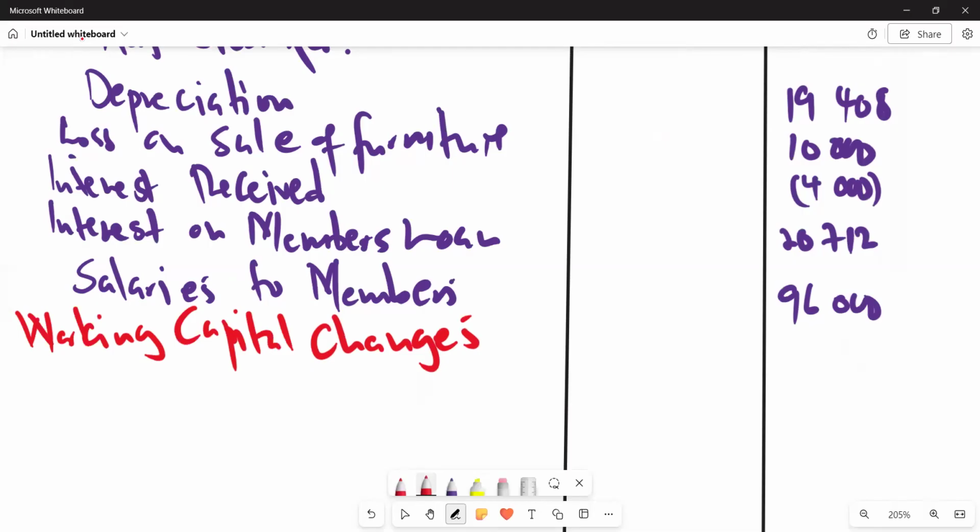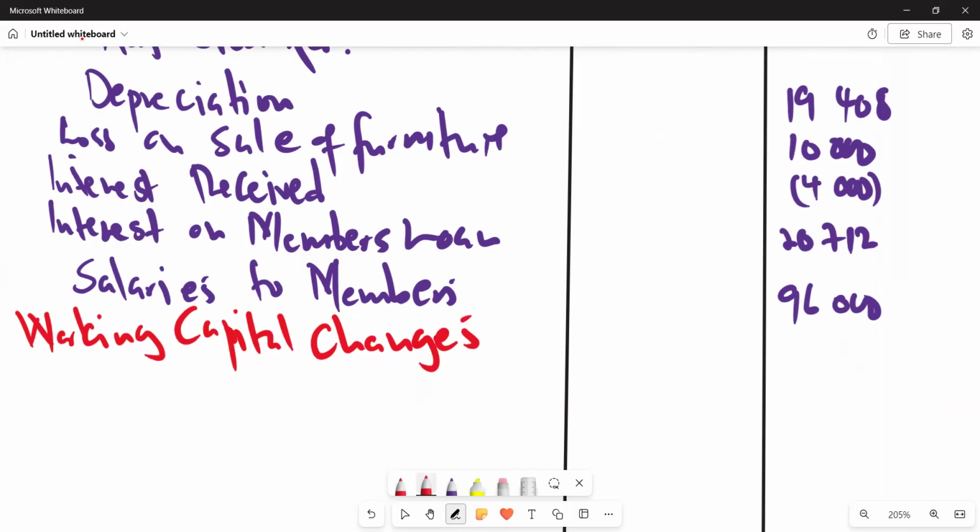On current assets, we are going to look for stock, and only stock, because debtors we've already adjusted. We see if we have an increase or a decrease of stock. If it's an increase of a current asset, we show it as a negative, and if it's a decrease, it's a positive. The opposite is true when you've got current liabilities.